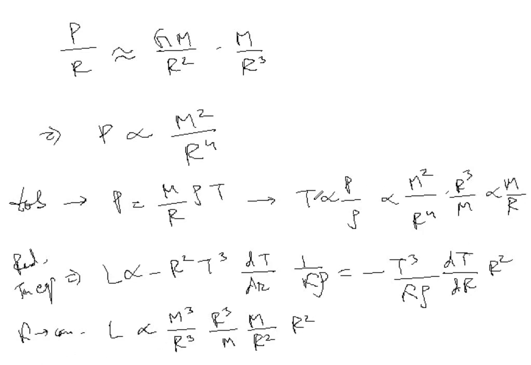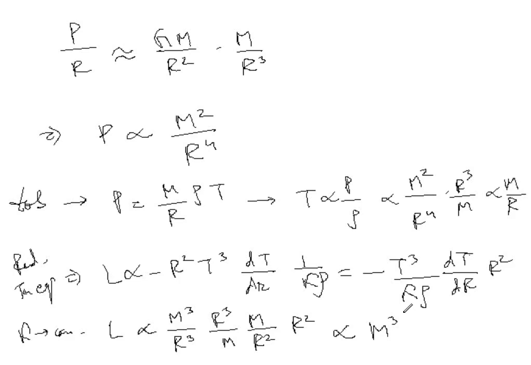So you see, T is proportional to m by r, so T cubed is m cubed by r cubed. Then we have the density, mass by volume, r cubed. Then dT/dr, if T is proportional to m by r, will be proportional to m by r squared. And then finally this r squared. And from here, we get L proportional to m cubed.